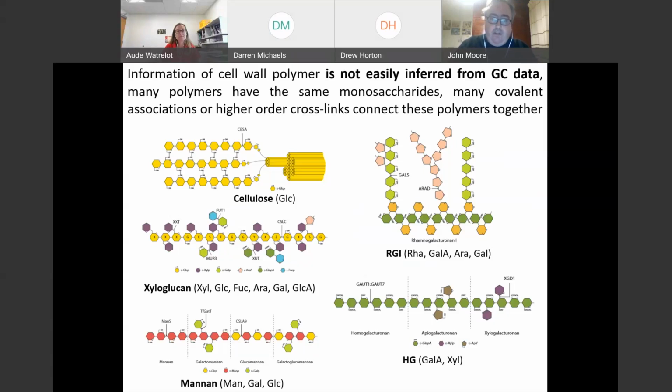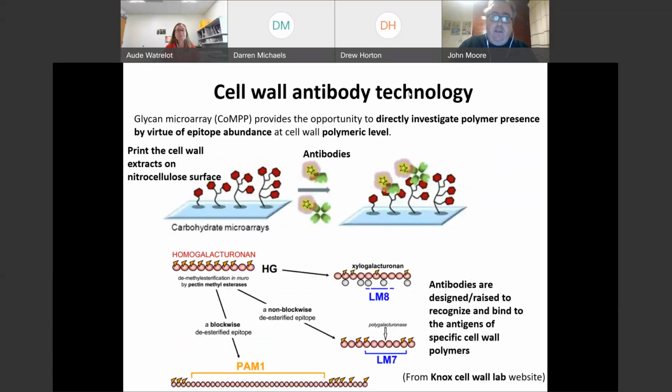Now, if you hydrolyze all those polysaccharides together, you get a mixture of sugars, and you now have to piece it back together to figure out what is the polysaccharide that originated in the tissue. So one approach that can address this is to use antibody technology.